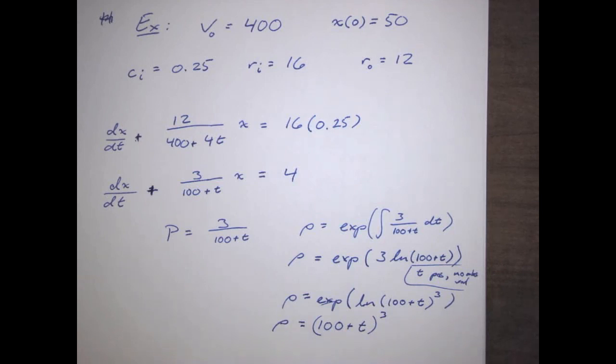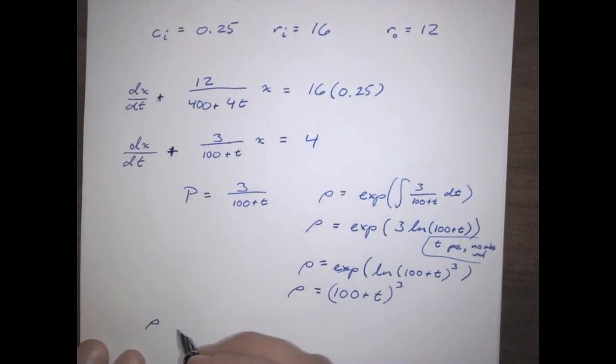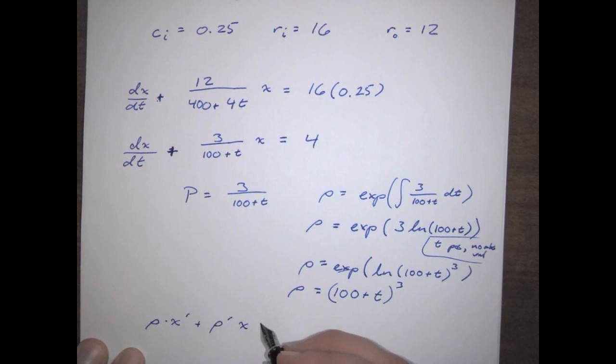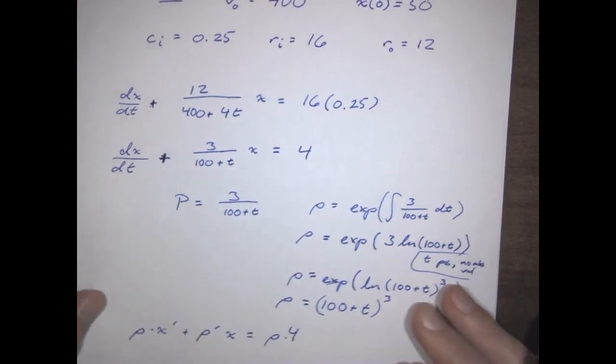Okay, now back then to the actual equation. What we're going to have then is rho times x prime plus rho prime x equals rho times 4. And now we're going to start filtering in, as convenient anyway, the expression for rho wherever we can.